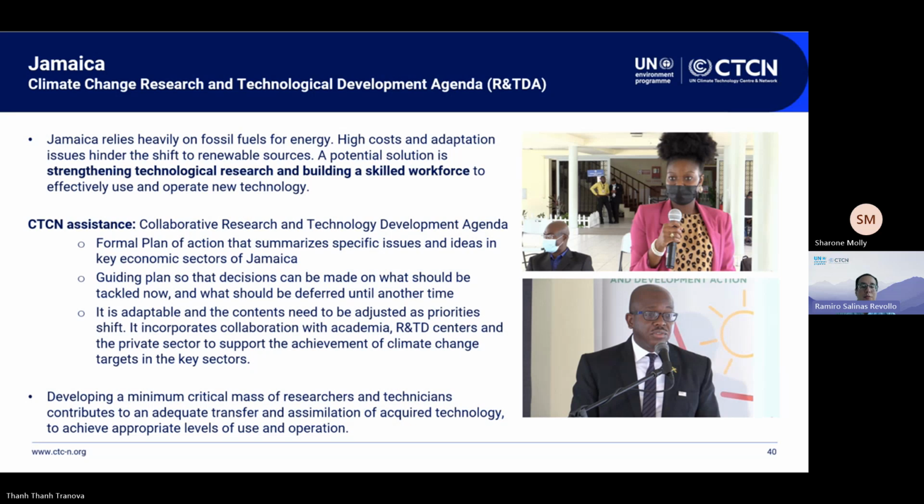So finally, we supported the consolidation of technological research and development capacities by developing a minimum critical mass of researchers, technicians that contribute to an adequate transfer and assimilation of the acquired technology, yet to achieve appropriate levels of use and operation. This is one example.